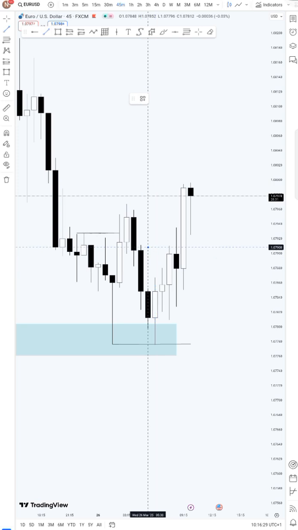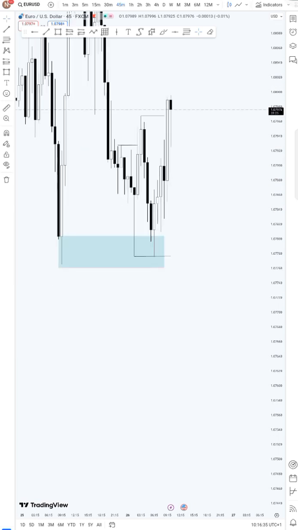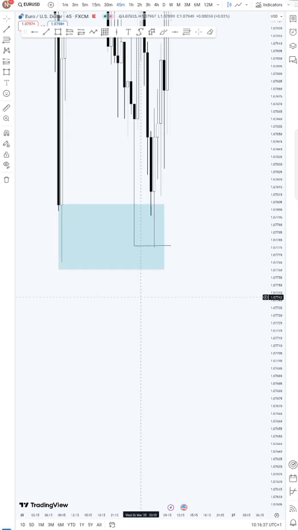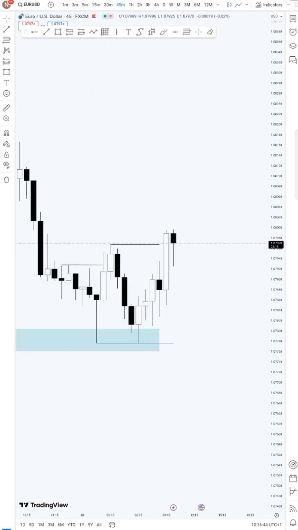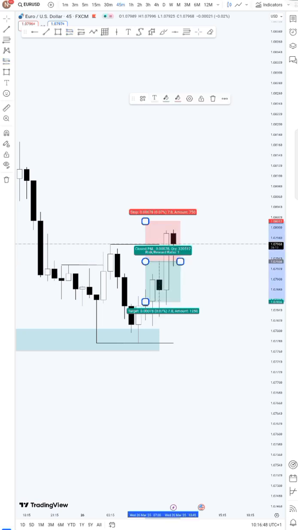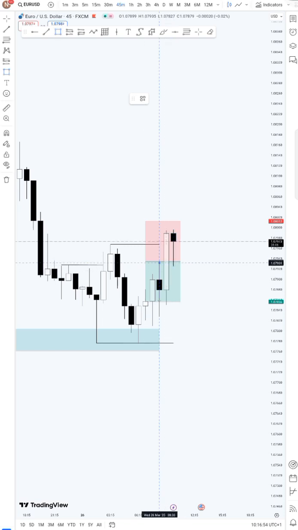Once I have this break, after this sweep of liquidity, we had a break of structure. Inside that break of structure, we had our other block at this point.